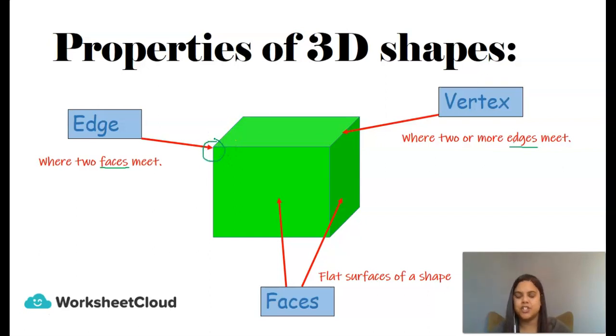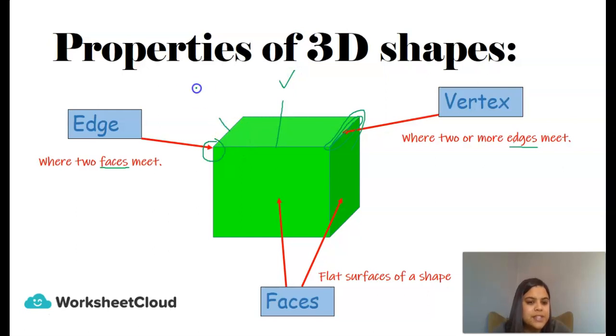That is an edge. Then a vertex is where two edges meet. So here the edges are, okay, on the ends, and then the vertex is here. This going along this line over here. That is the vertex.